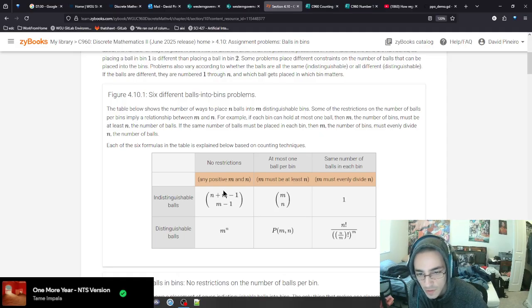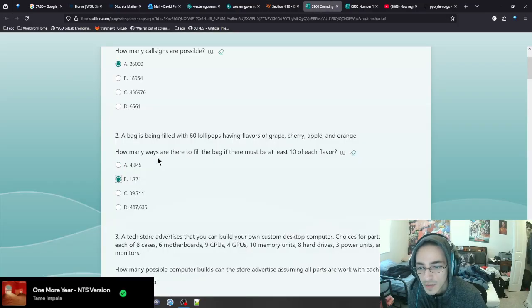So I'm gonna use this formula on the calculator. Right, so we have 4 plus 20 minus 1, and then we have bins minus 1. Okay, that gives me this number. What?